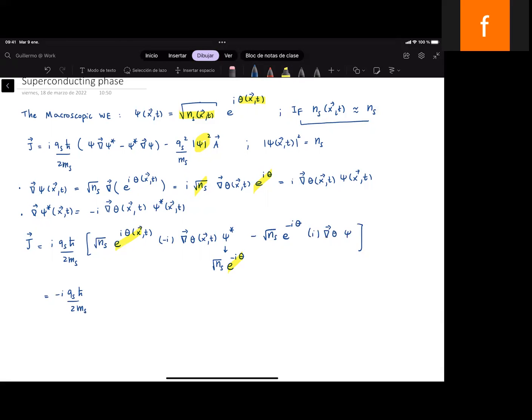And here we have the first term, minus i n_s gradient of theta. Then we have again minus i n_s gradient of theta.